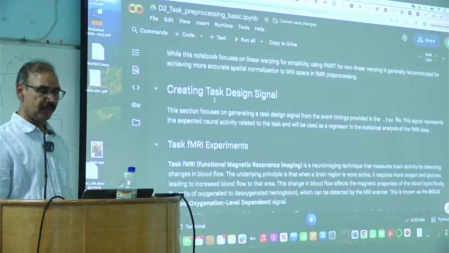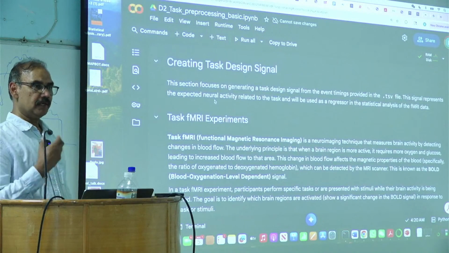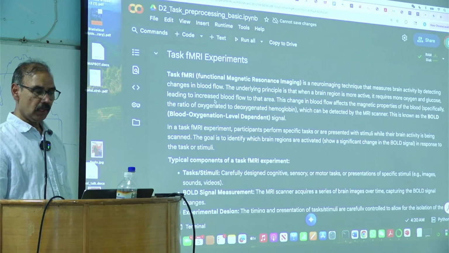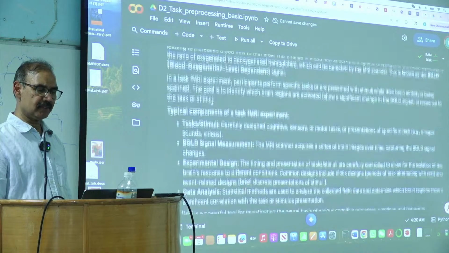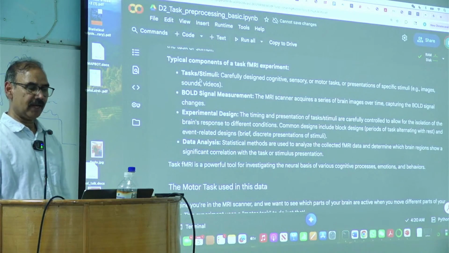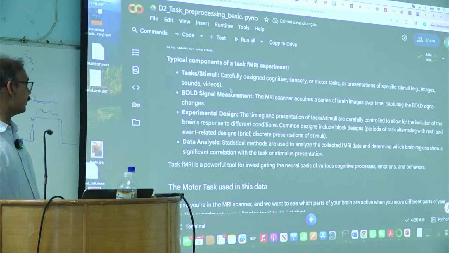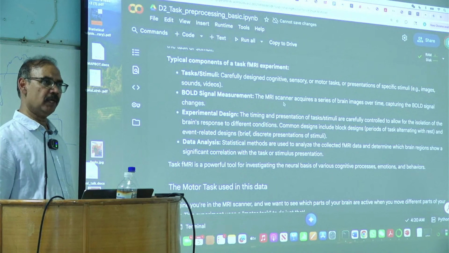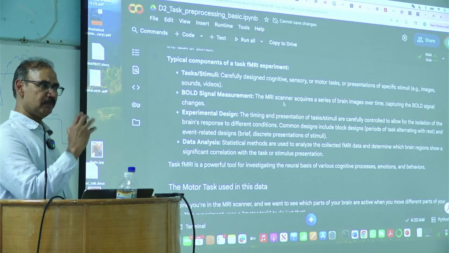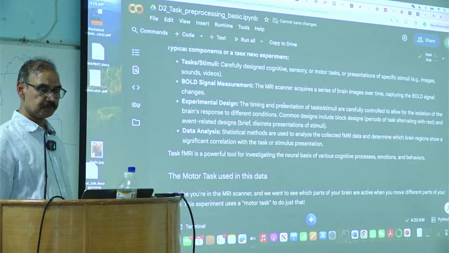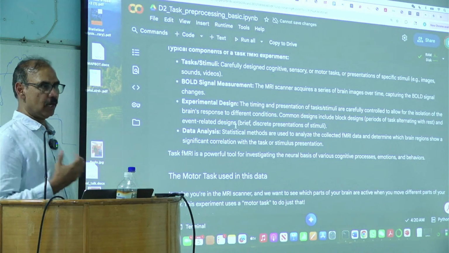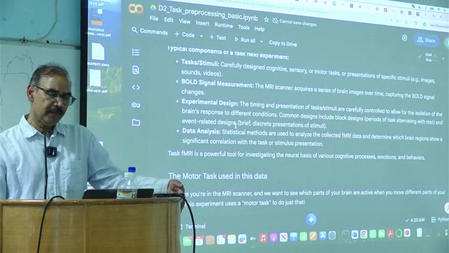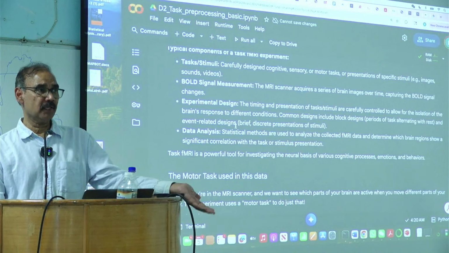All right. So the next step is to create a task design signal. For the task design signal, we have task stimuli, where in this case very specific instructions were given to the subject to do specific things. What we are hoping is that when they performed those tasks, there were corresponding signal changes.